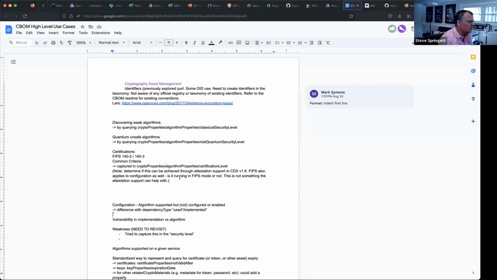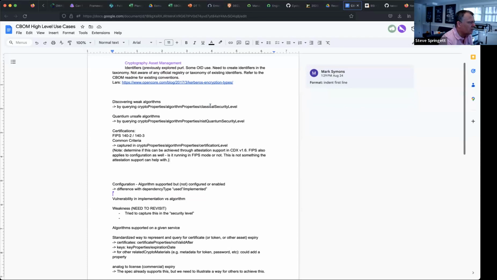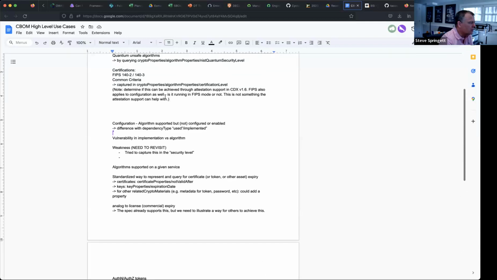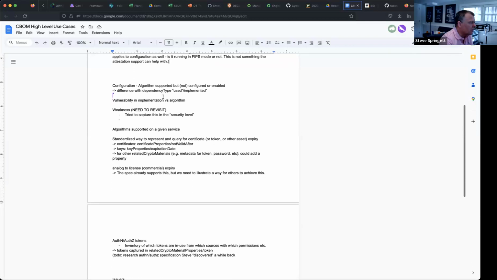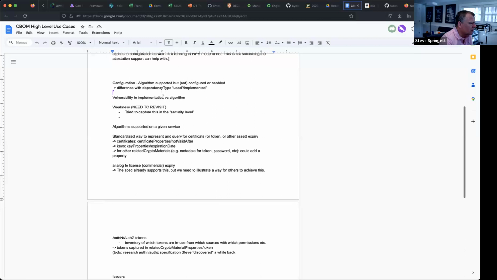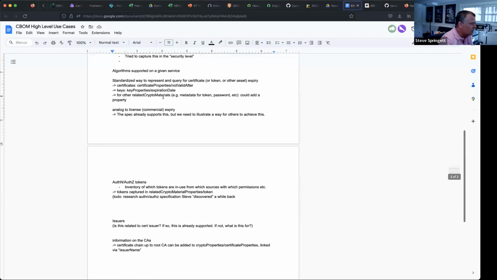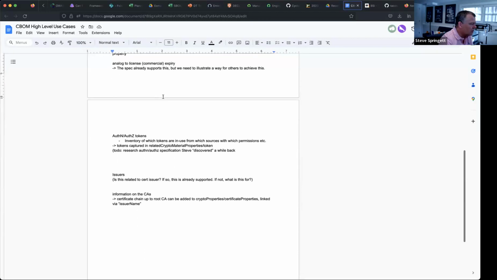Okay, so based on everything that's here, it looks like the certifications will probably be the biggest talking point that we'll need to dive deep into. A little bit of research on this authentication authorization stuff, but the spec already supports some of this.